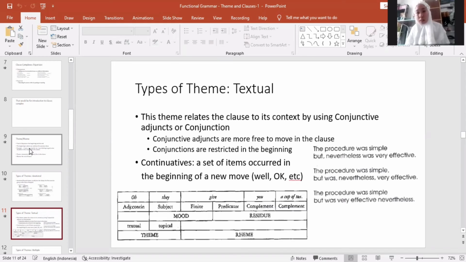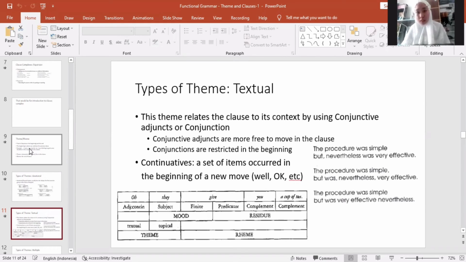And for the next is continuative. A set of items occurs in the beginning of a new move. Those are well, okay, and etc. For example, the sentence is: oh, they give you a cup of tea. In analysis of mood, oh is adjunct of continuative.